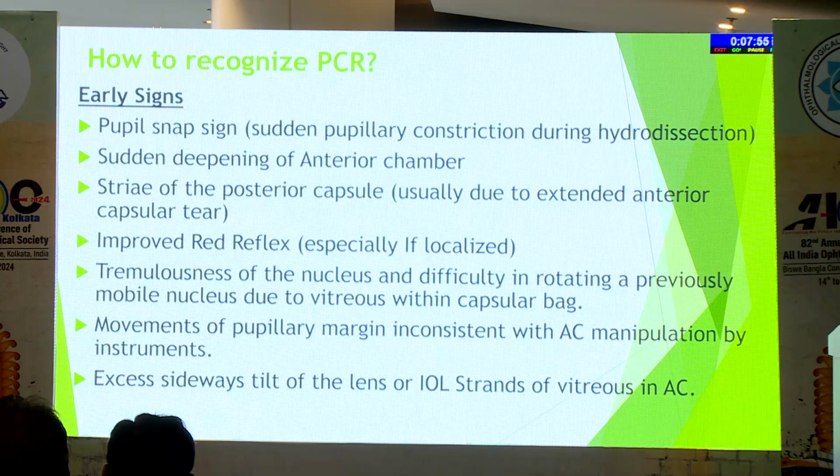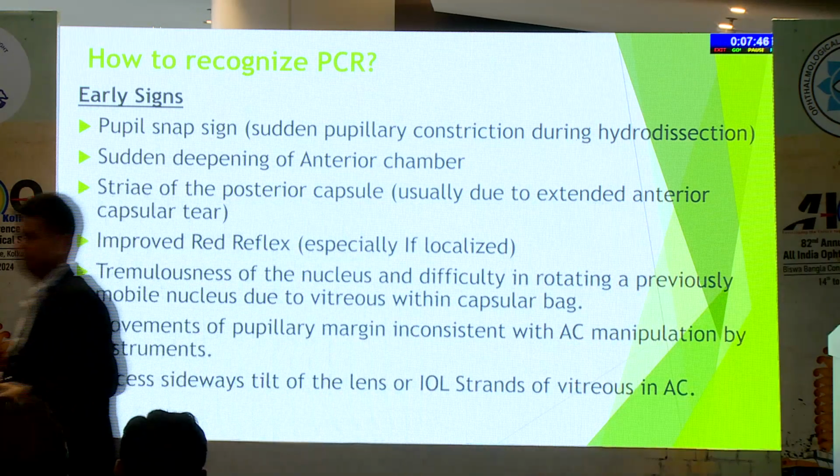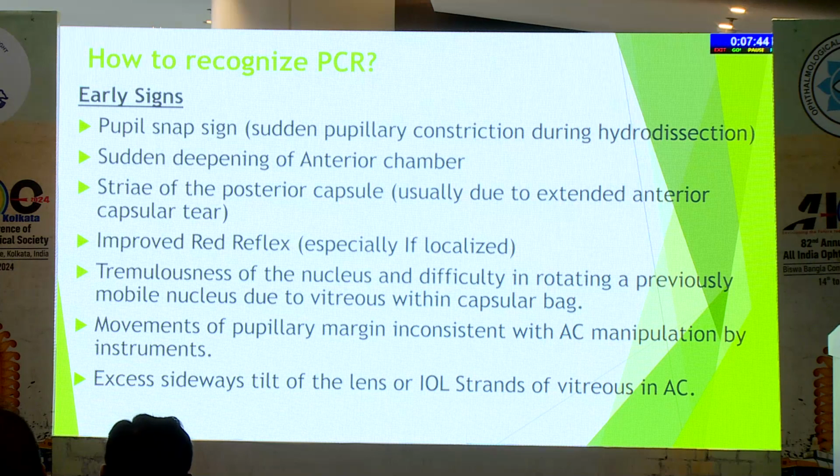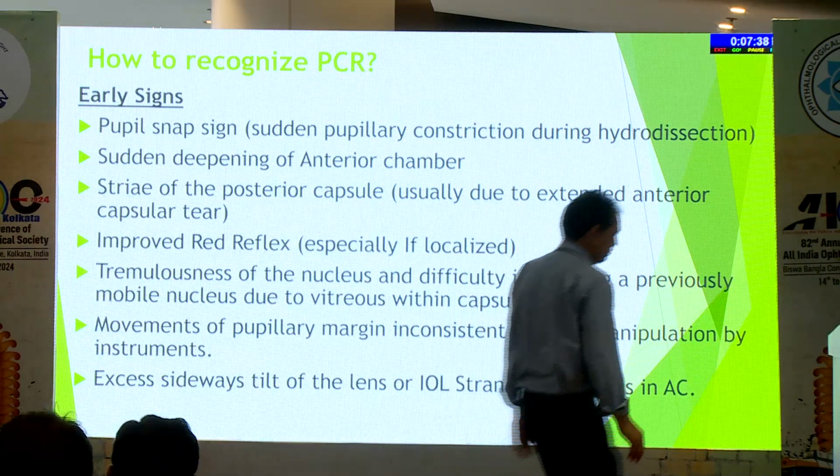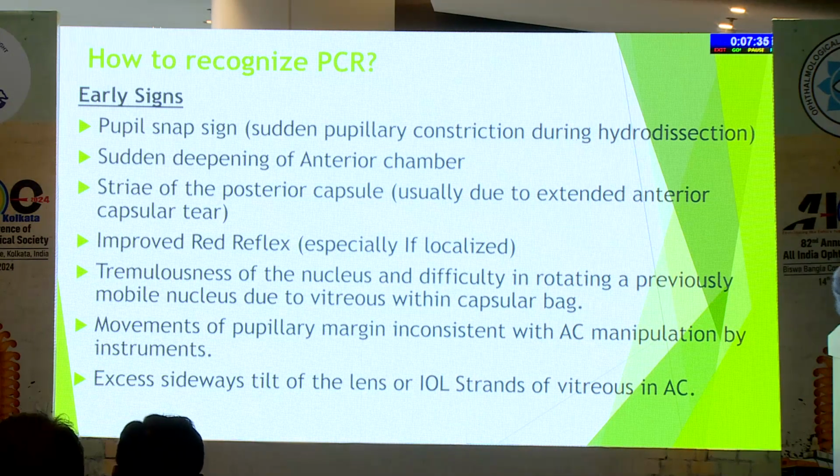With experience you can see whether a PCR is there or not. As soon as you notice a few signs, you can manage it easily and early, so further complications will be avoided. Like a sudden pupillary constriction during hydrodissection, which is called the pupil snap sign.